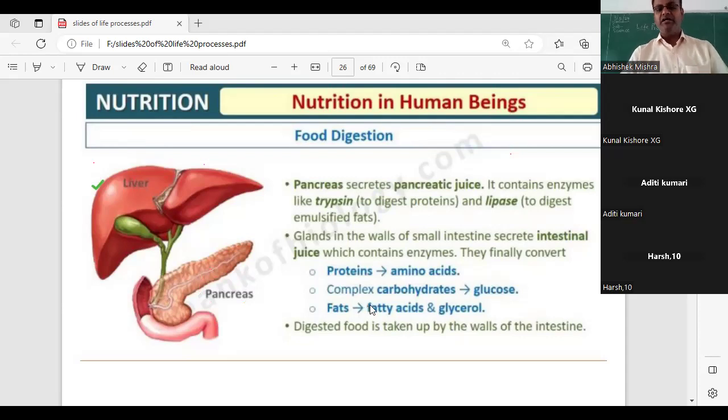So the carbohydrate is broken down into glucose, the fat into fatty acid and glycerol, and the protein into amino acids. So these are the end products of digestion. Is it clear to all? Through the chat box, you can give me the reply.